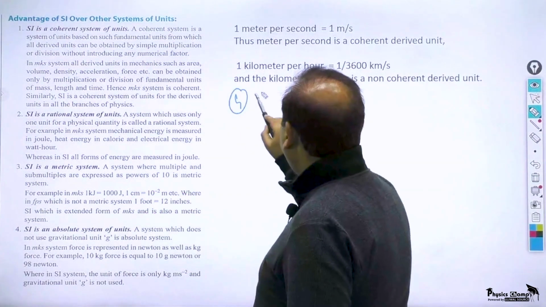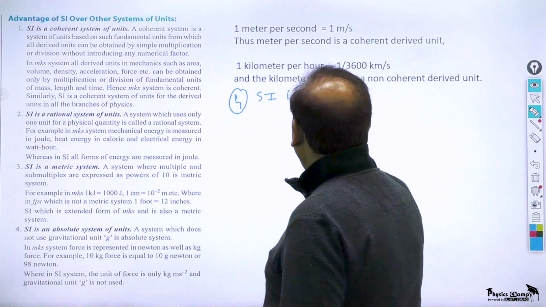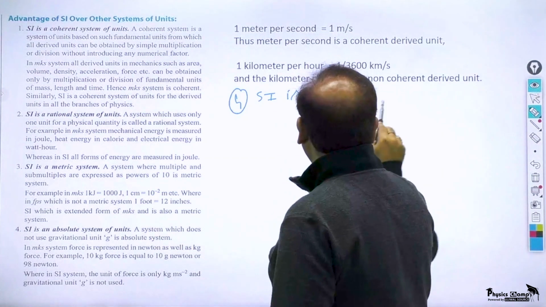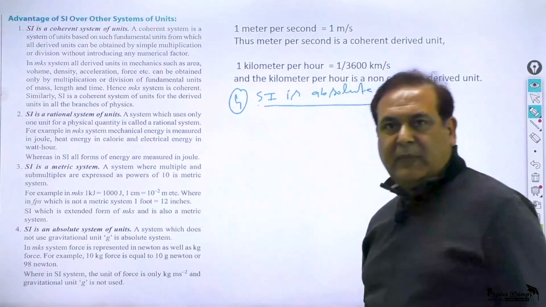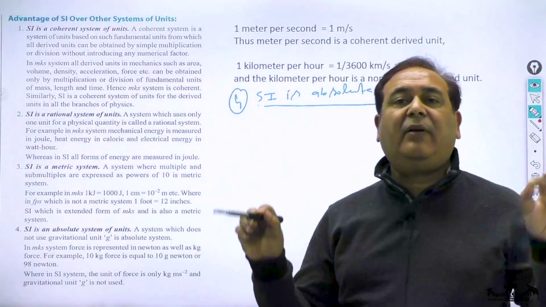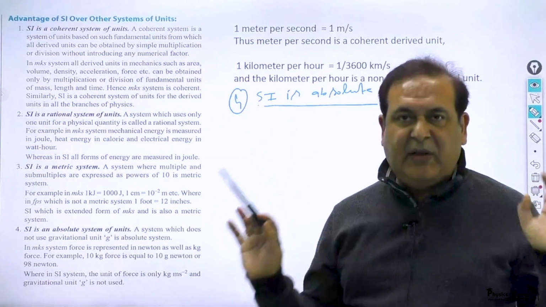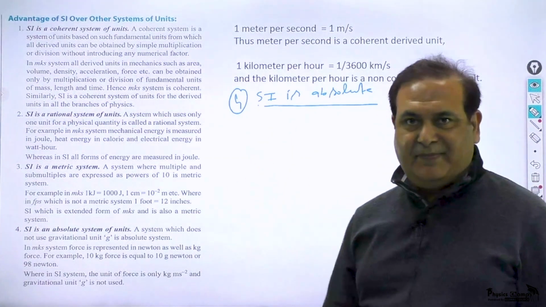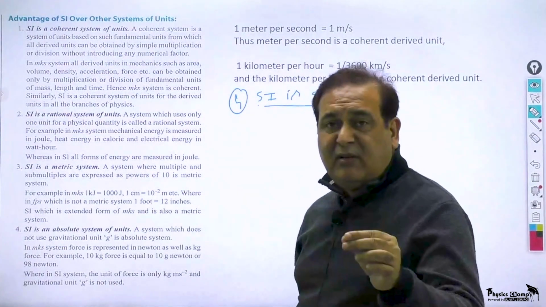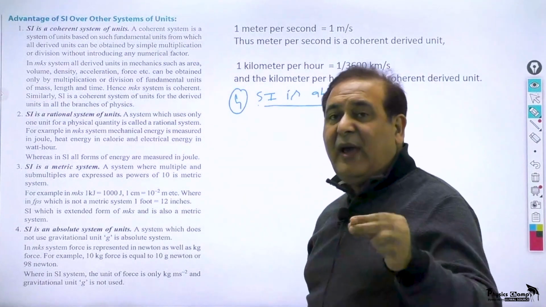Now let us discuss the fourth advantage of the SI system, and that is SI is an absolute system of units. It means the SI system does not use acceleration due to gravity in its unit system. For example, first I will take MKS and CGS, where we are using g, acceleration due to gravity.